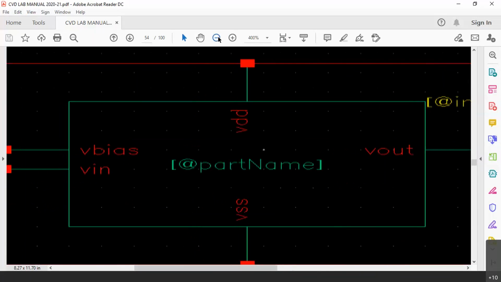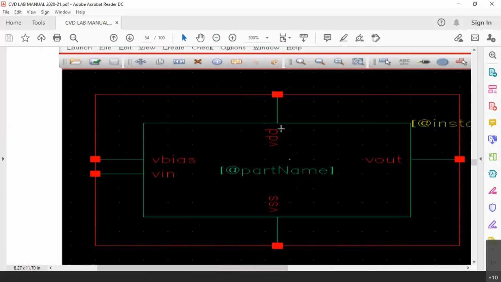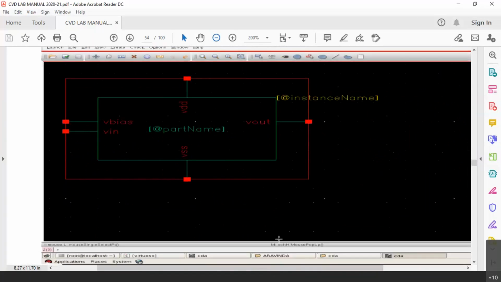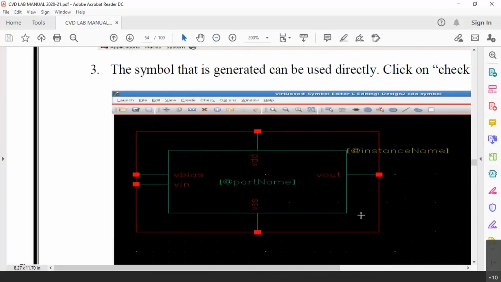Either the default symbol can also be used. Here the default symbol itself is used, because the tool gives a default symbol as a general square rectangle. You can see V bias and V in are input pins. VDD, VSS are there as power supply positive and negative pins, and V out is also present here.